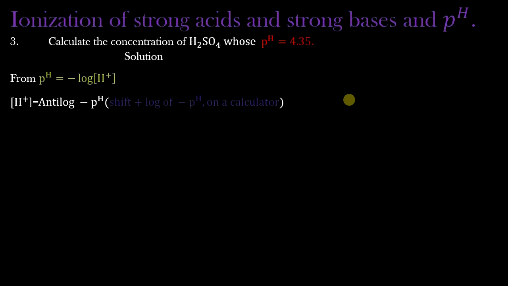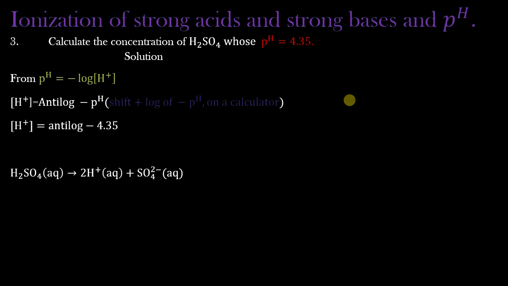But to put this in a calculator, you just press shift, then log, then negative that value that you want to put there, in this case negative 4.35. So this will give us the molar concentration of hydrogen ions as 4.467 exponent negative 5 moles per decimeter cubed, or molar.